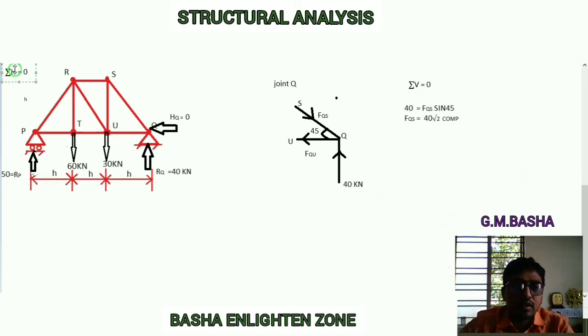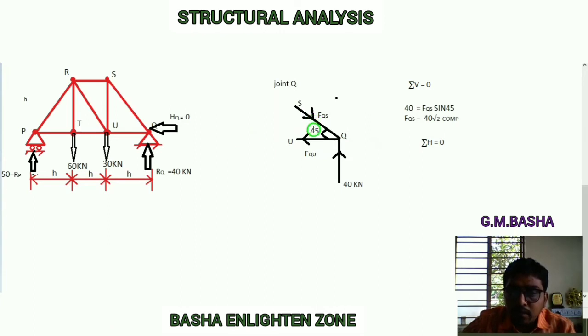See here, the force in the member QU acts towards the left. If I resolve the force in the member QS horizontally, it closes the triangle, and this direction will be towards the right and this one towards the left.